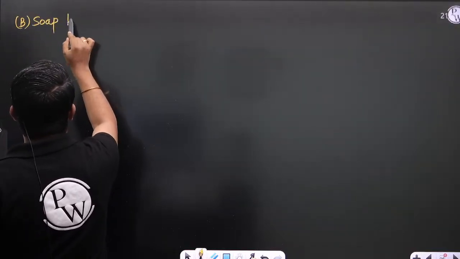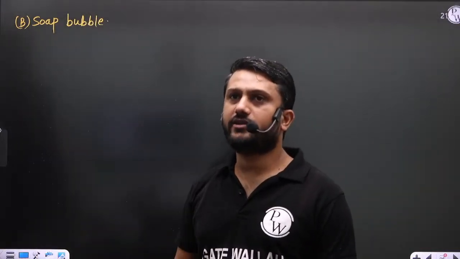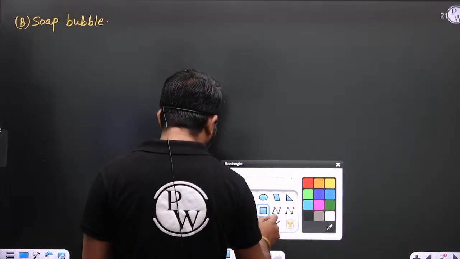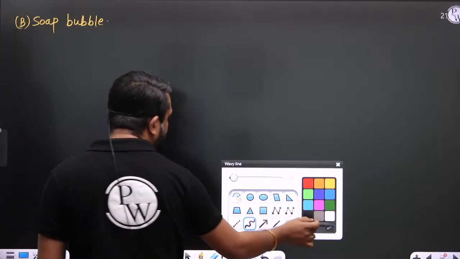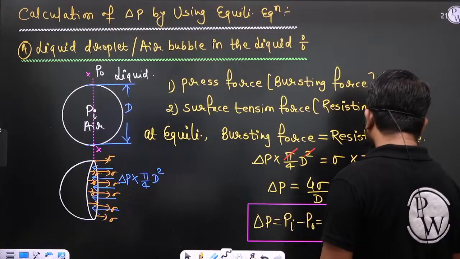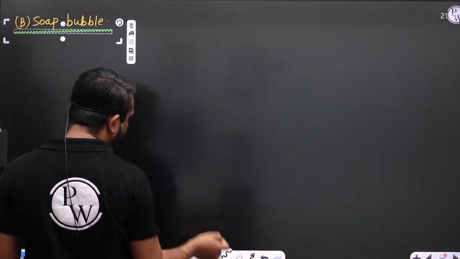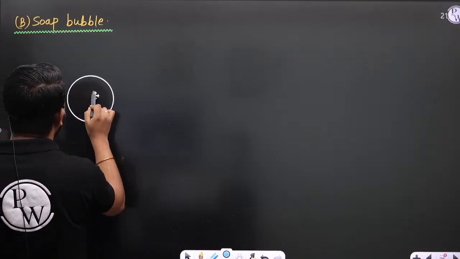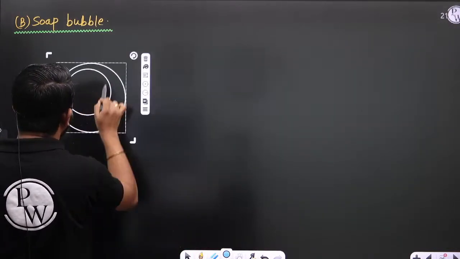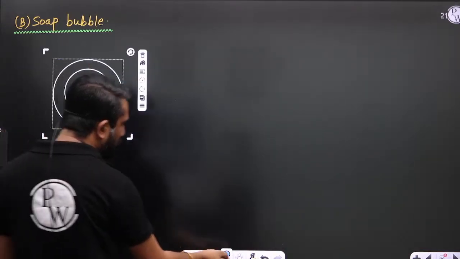Can you find out the delta P in case of the soap bubble? Right, so this is the soap bubble.